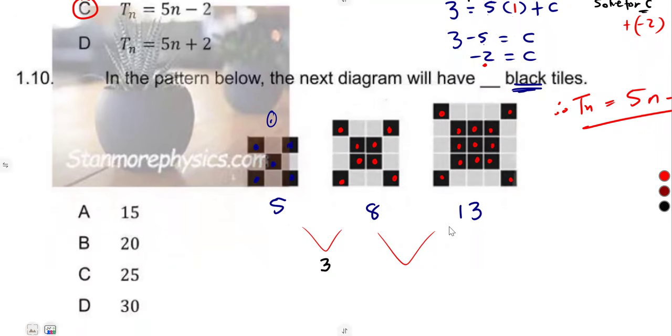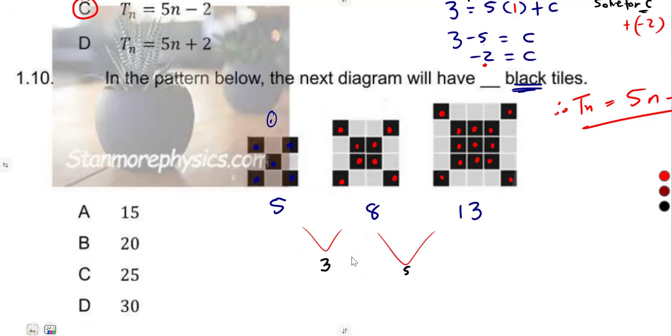And 13 minus 8, that's what? That's a 5. So guys, this one is not about the constant difference. The difference is not the same.